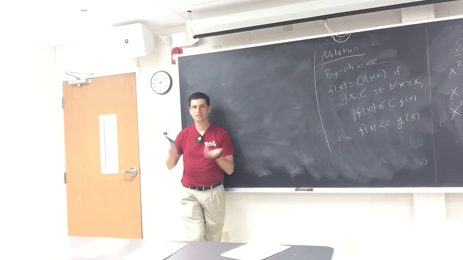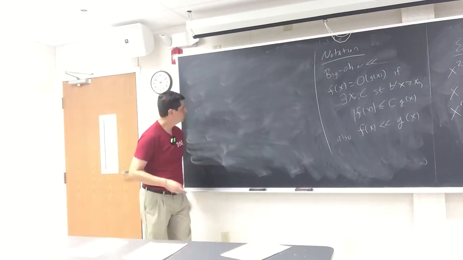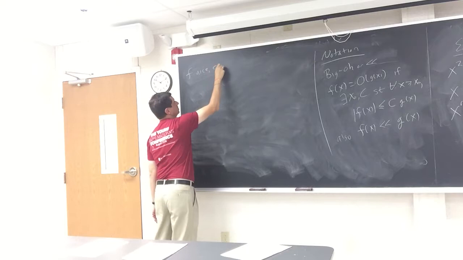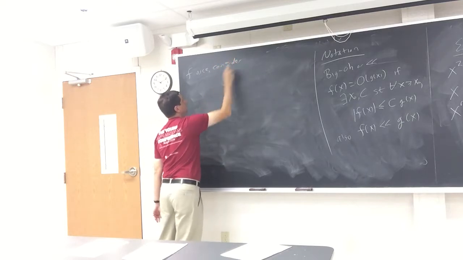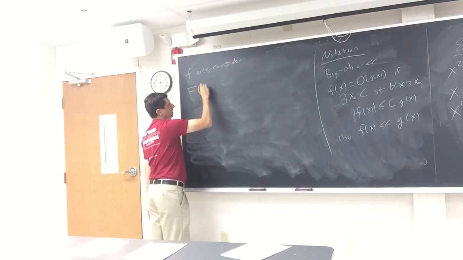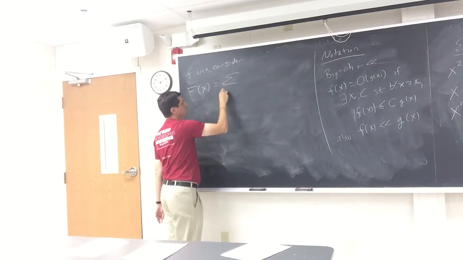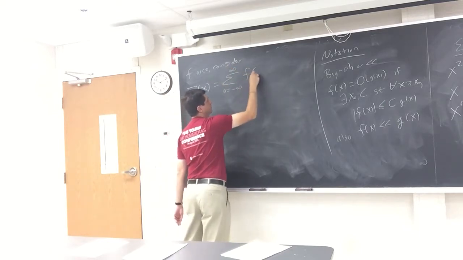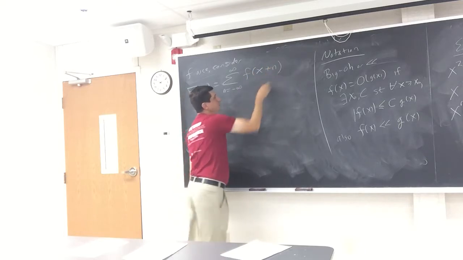That's the meta idea behind today's lecture. How do we somehow convert to something we know? Well, let's say f is nice. Consider big F of x as the sum, n going from minus infinity to infinity, of little f of x plus n.